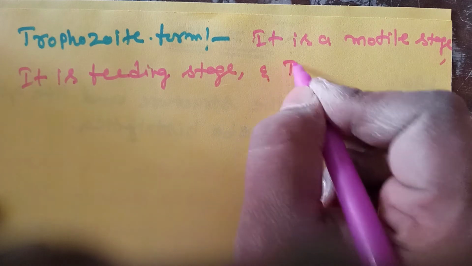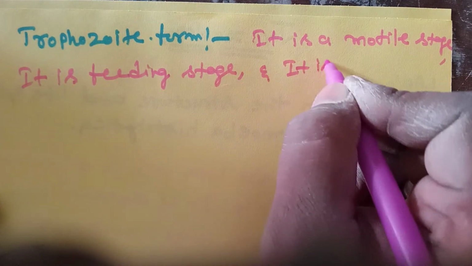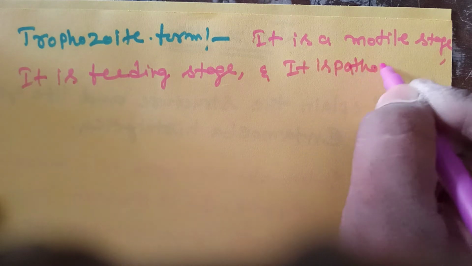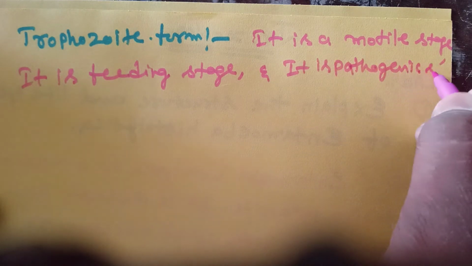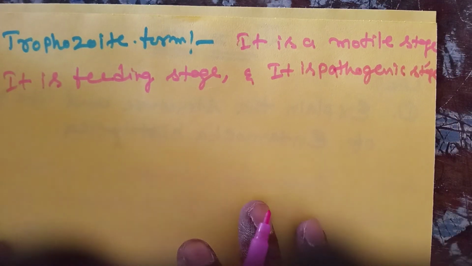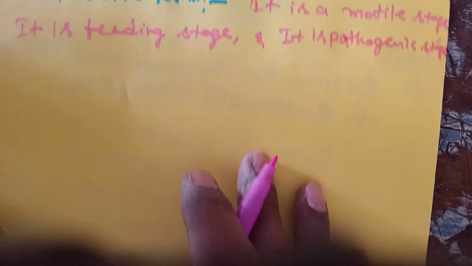Pathogenic means it causes the disease. Now I will explain diagrammatically. This is the trophozoite form.